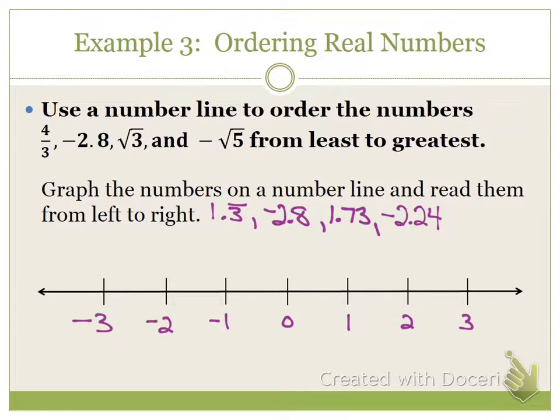All right, now on your number line, here's what's important too, is that you label it according to the original value. So you use their decimal values to determine where it goes on the number line, but then label it with the original value. So the lowest value is negative 2.8. What's the next lowest value?